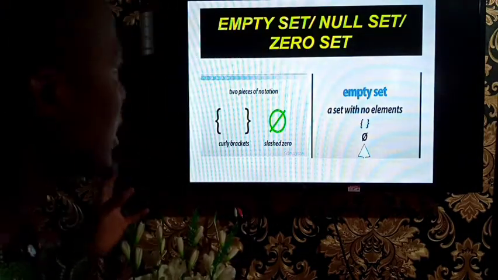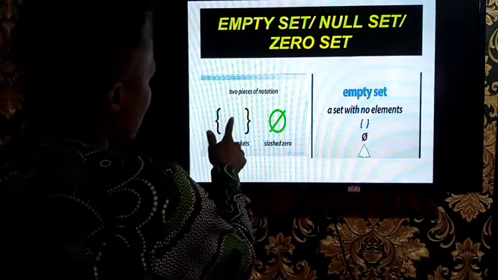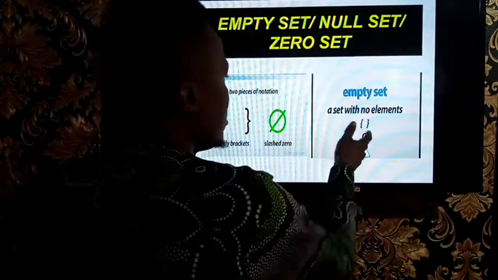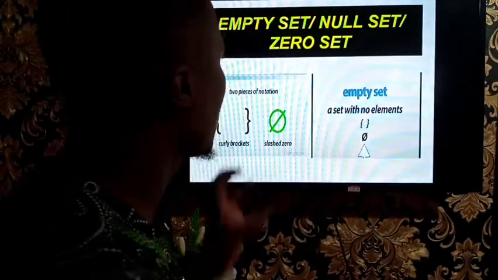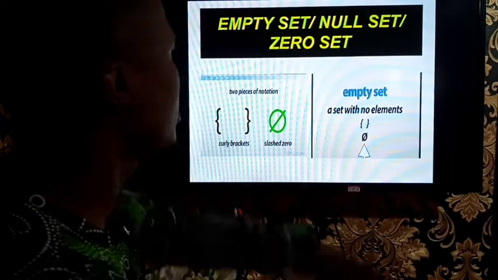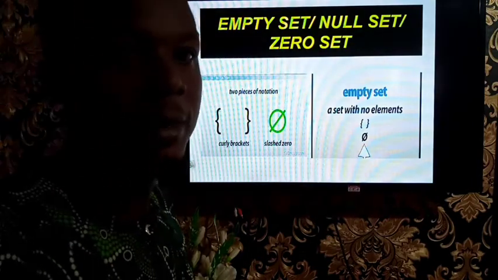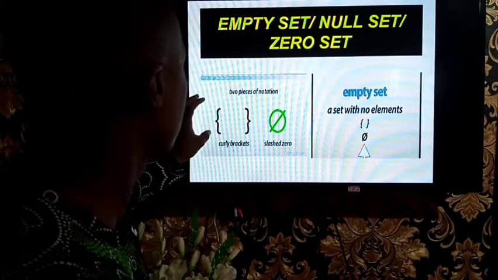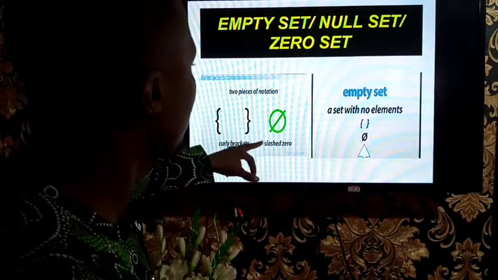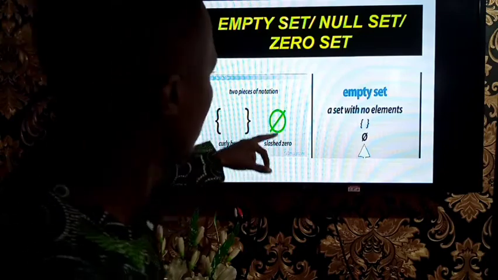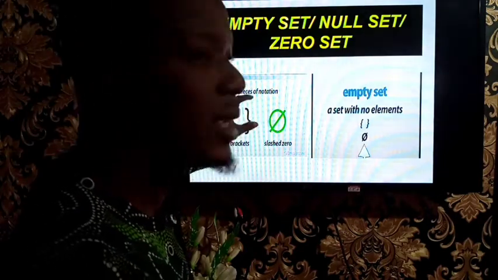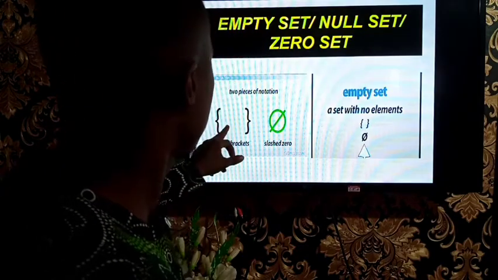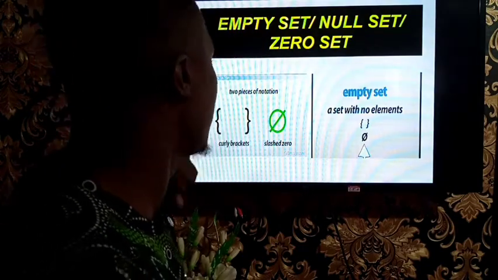When you come to a set and you find out that nothing is inside it, nobody occupies that space, nothing is occupying it, such kind of set is called an empty set or a null set, a set with no element. Okay, now if you look at this particular set, you see that we can use a symbol called ∅ to represent this kind of set. ∅, nothing is present there.